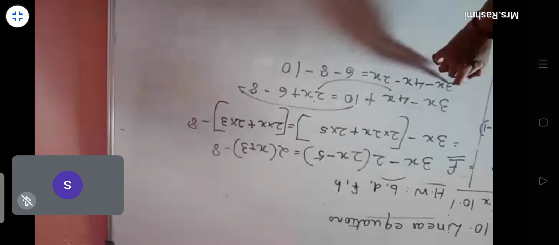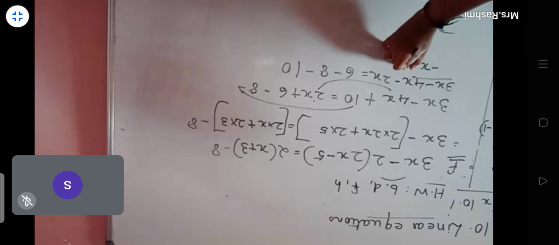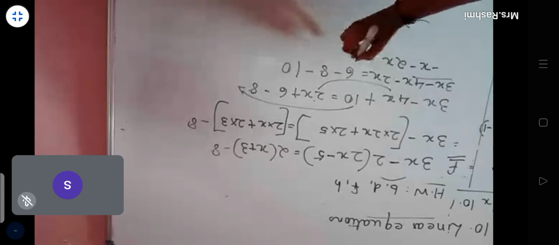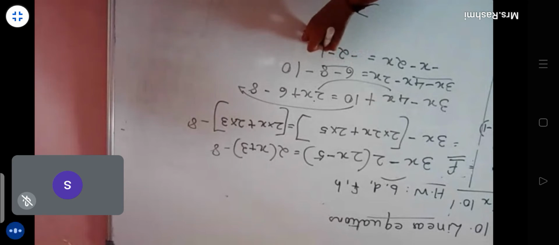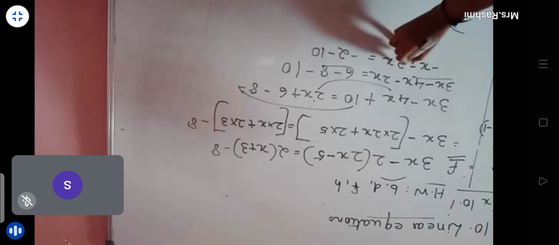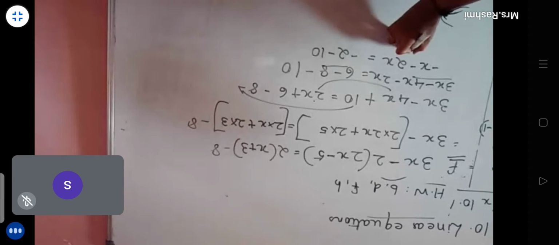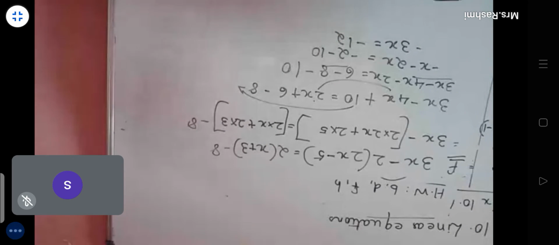Let us see. 3 minus 4 is minus x. Minus 2x is equal to 6 minus 8, which is going to be minus 2 minus 10. So we have minus x minus 2x, minus 3x is equal to minus 12. How minus 12?